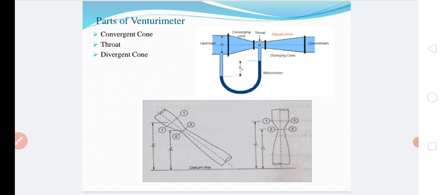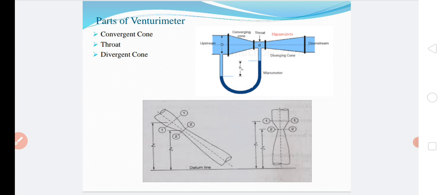And the last portion of this venturimeter is the divergent cone. What is the divergent cone? It is a pipe which diverges from diameter D2 of the throat to the larger diameter D1 of the pipe.